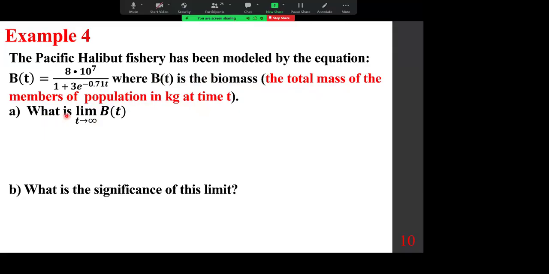Part A, what is the limit of B of t as t approaches infinity?